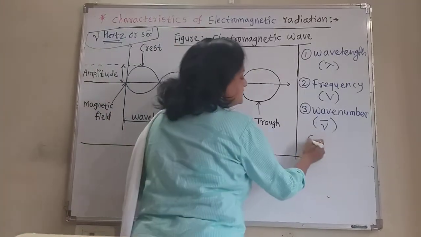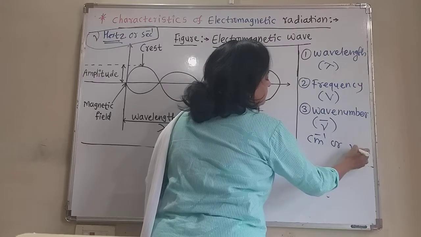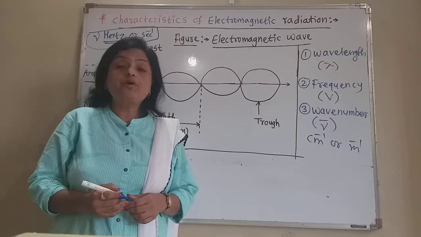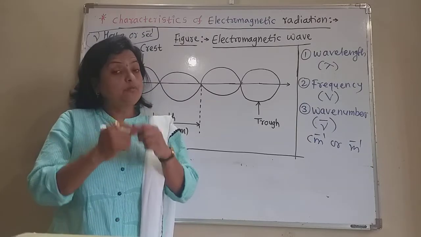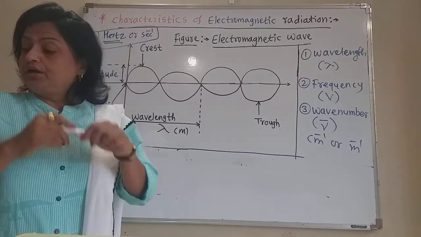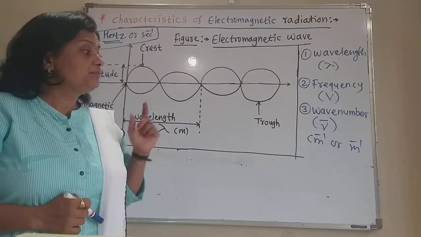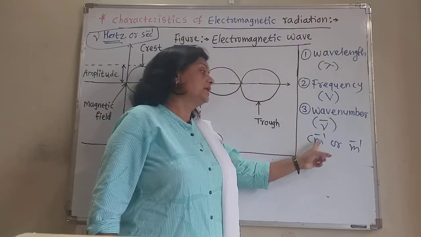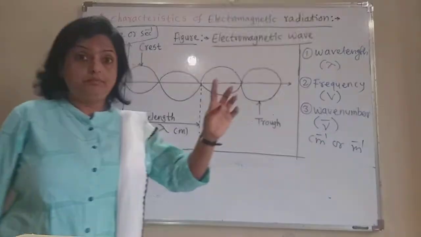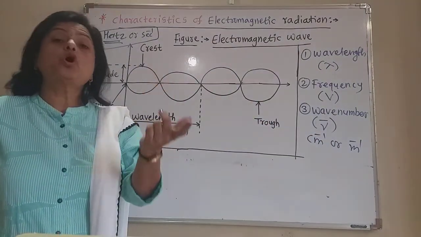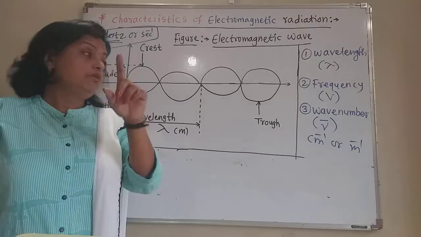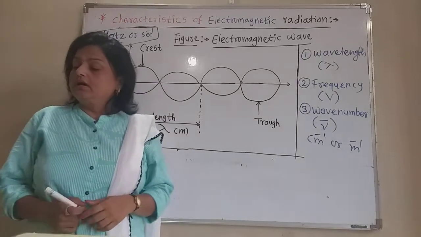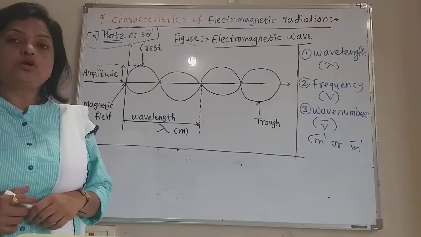Wave number is nothing but the number of wavelengths per unit length, and therefore it is given in the unit per centimeter or per meter.